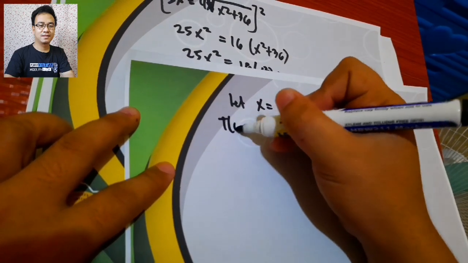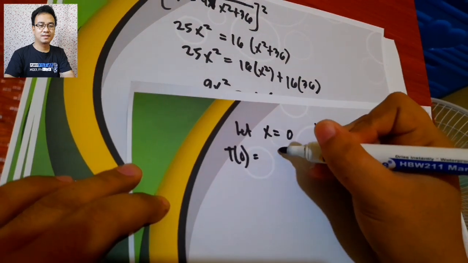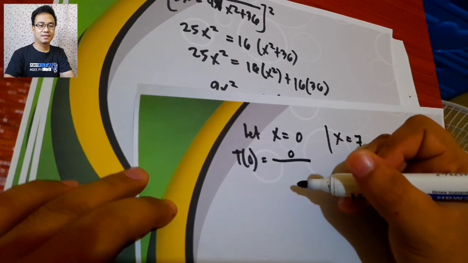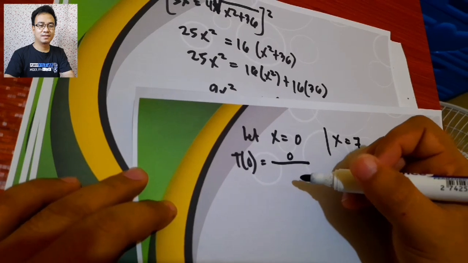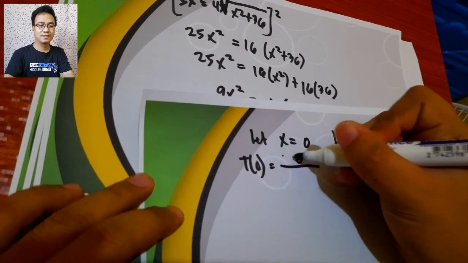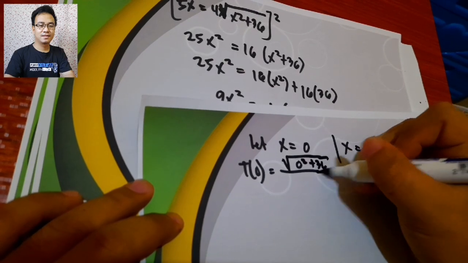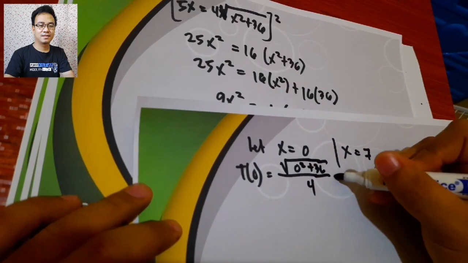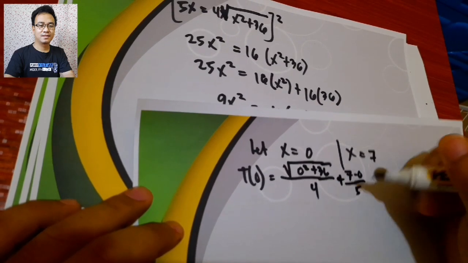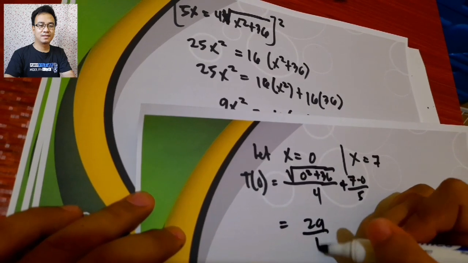So if we have t of 0 from our equation, this will leave us square root of 0 squared plus 36 over 4 plus 7 minus 0 over 5. This will give us 29 over 10.